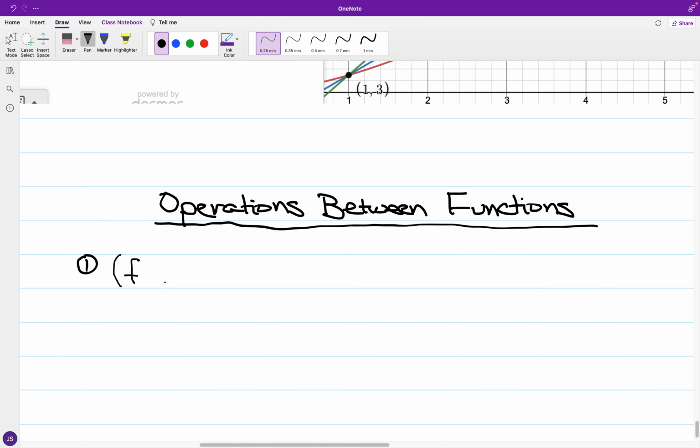So the first kind is what we refer to as the sum function. And to give you a bit of an introduction here, for what's going to lead up to the sum function among the other operations, say we have functions f of x and g of x.